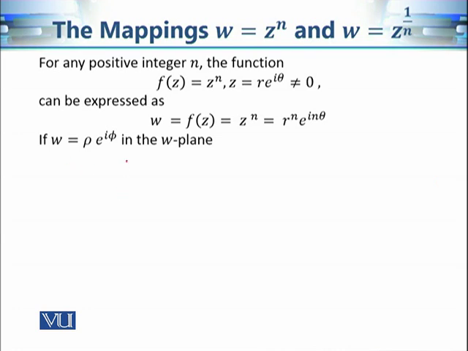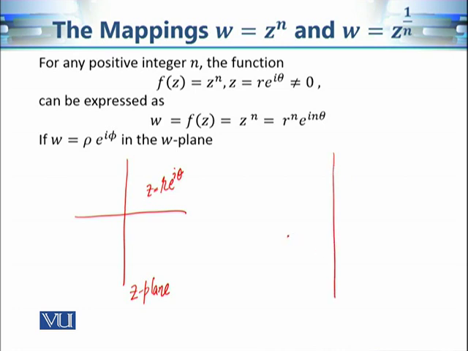So, in the z plane, we are using complex numbers of the form z is equal to r e raised to power iota theta. Now, if we use exponential form in the w plane as well, let's see what will happen.